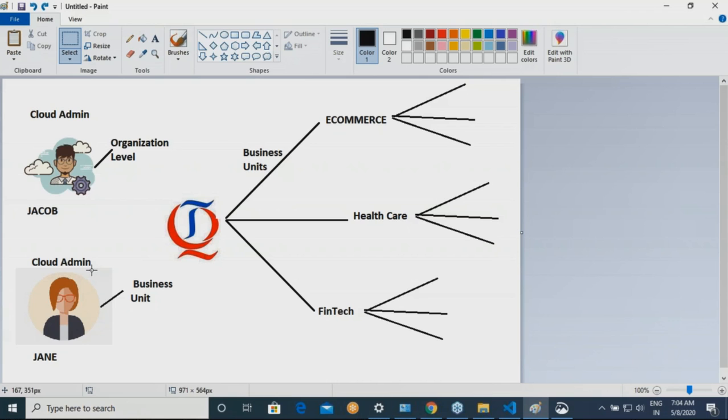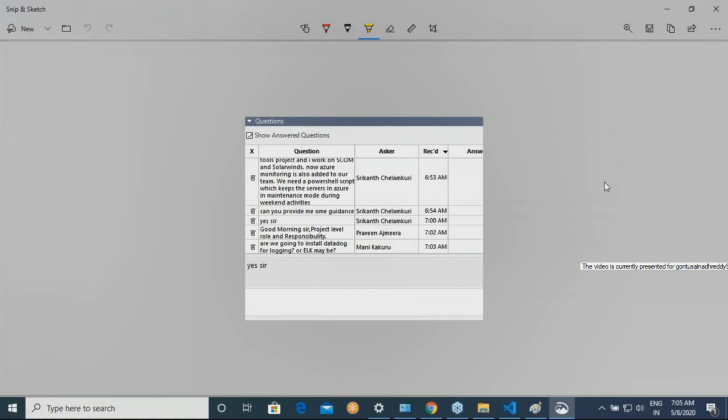That could be you if you join a startup, where they are working on one or two projects, and they cannot afford two engineers. Then you will be the only engineer. You have to look at organization level activities. You have to look at business unit level activities. Am I clear on this? And I am not going to speak about any third party. It will be everything native from Microsoft.